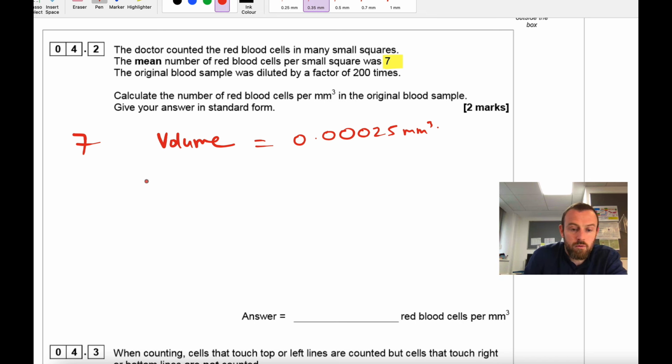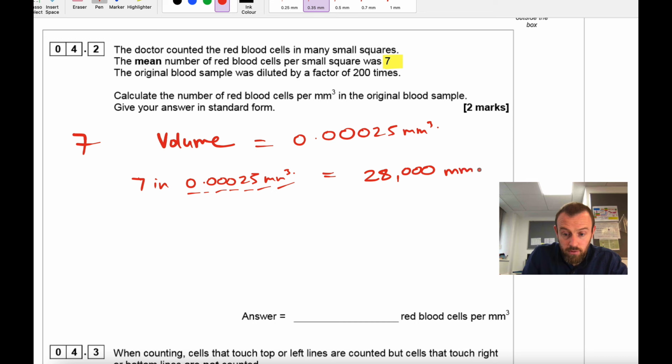So we basically divide by this to work out what it would be in 1 millimeter cubed. So 7 divided by 0.00025 equals 28,000 per millimeter cubed.